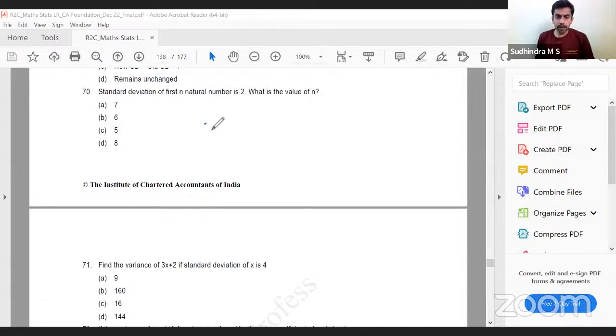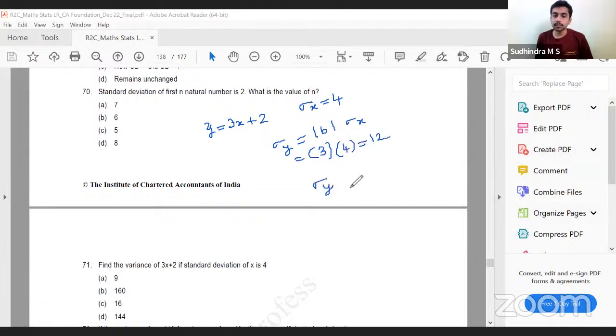So we have y is equal to 3x plus 2 and standard deviation of x is 4. I can calculate standard deviation of y using modulus of b into standard deviation of x. That is 3 into 4. 3 4s are 12. But I want variance. 12 square, 144.